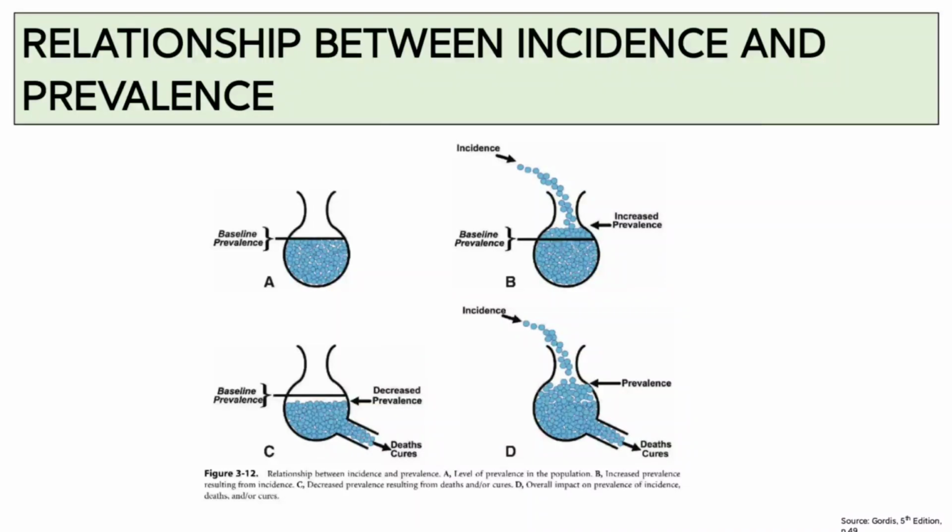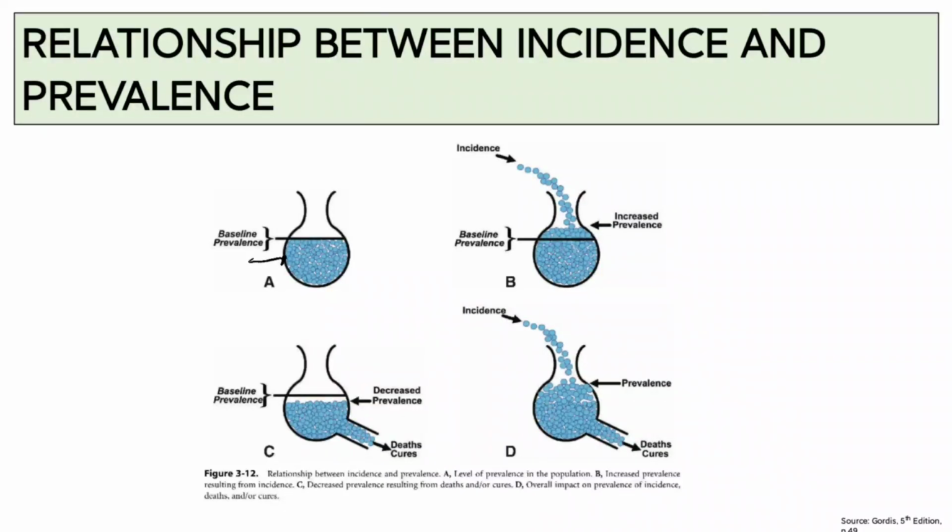So, what is the relationship between incidence and prevalence? So, yung mga flask dito, it represents yung community mo. Okay. So, yung flask is the whole community. Tapos, yung mga small beads na yan, yung maliliit na bilog-bilog, it represents the prevalent cases of a disease in a community.